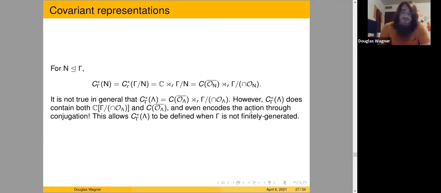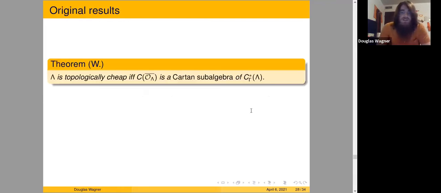It also has led to several other results, maybe a highlight of which is that a subgroup is topologically cheap if and only if the continuous functions on the orbit closure is a Cartan subalgebra of the C-star algebra of the orbit closure. So a Cartan subalgebra is a special kind of maximal abelian subalgebra.